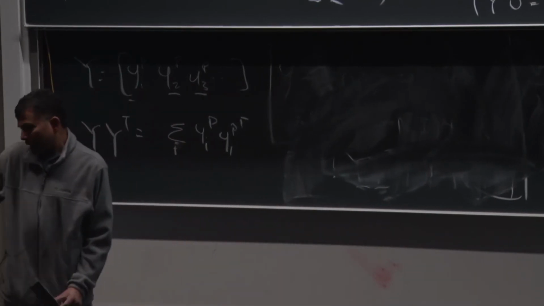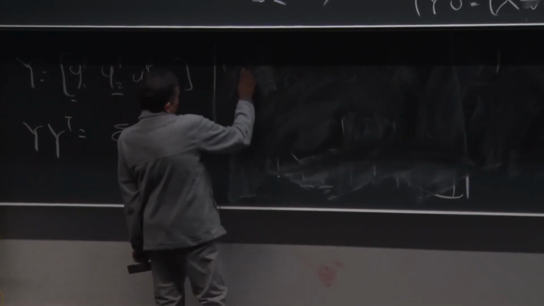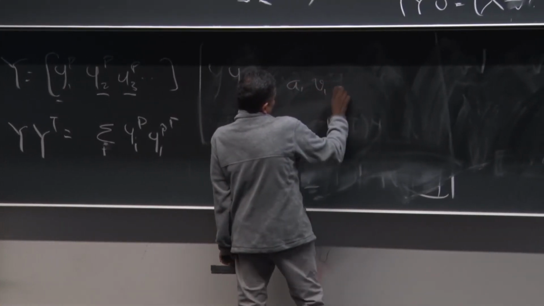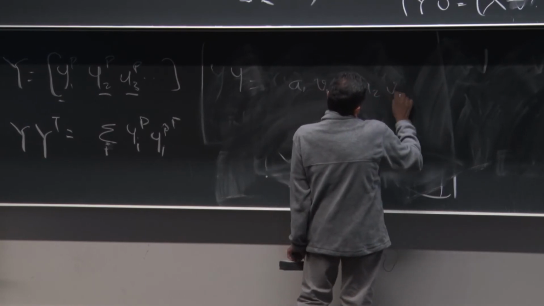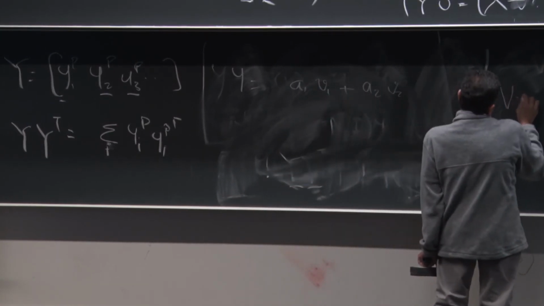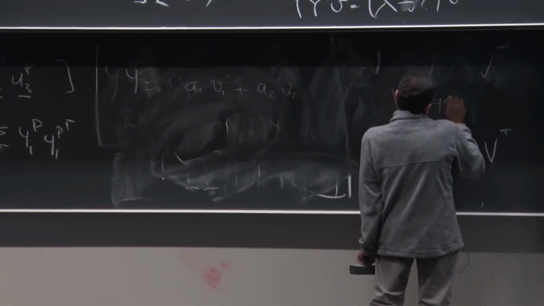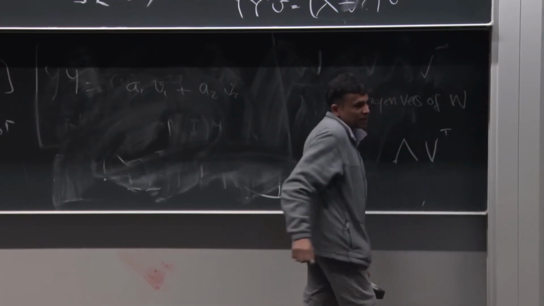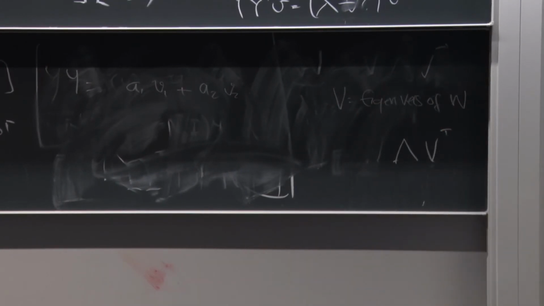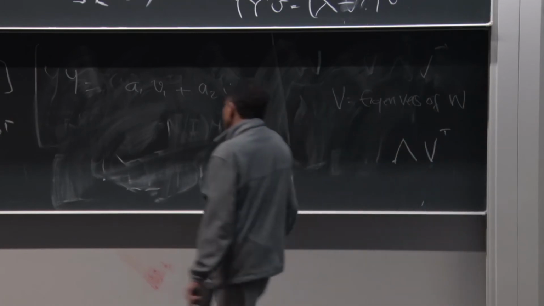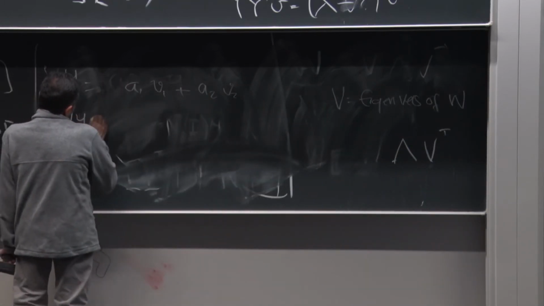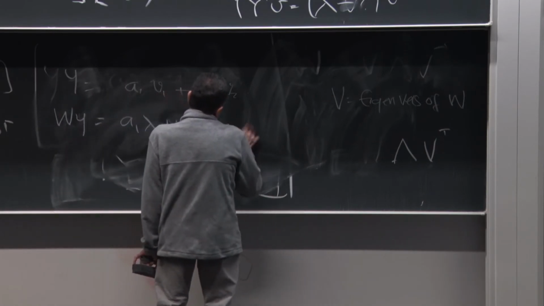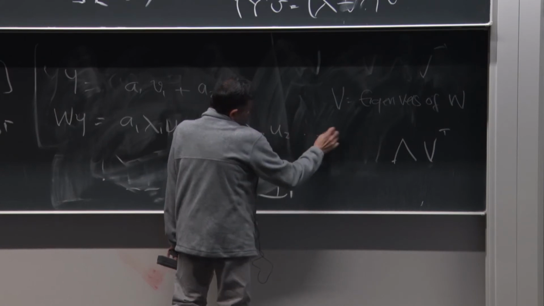For a generic vector, I can write y equals a1 v1 plus a2 v2 and so on, where the v's are the eigenvectors of W. I can write this for pretty much any vector, right? So then I can just write that W times y equals a1 lambda 1 v1 plus a2 lambda 2 v2 and so on.